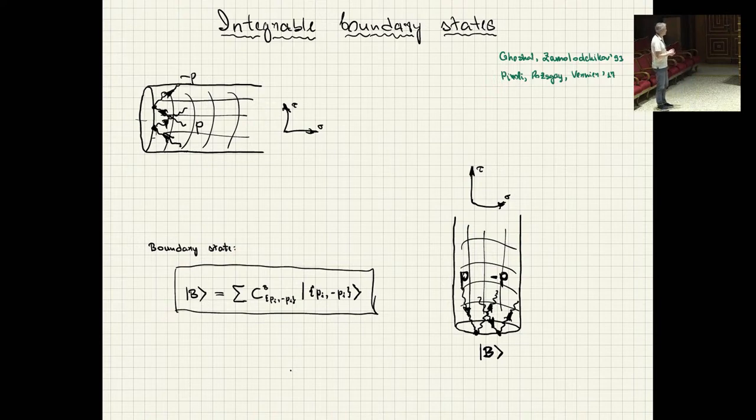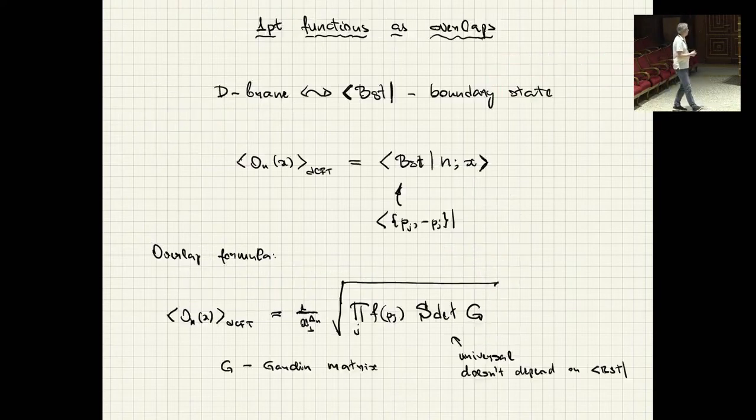And this is a very strong condition, actually. If you take a random boundary state, it will not satisfy it. It's not very easy to find such states. And interestingly, AdS/CFT produced a huge stock of these states that were not known before. So people studied them in a condensed matter context, but then the study motivated by N=4 and string theory produced new classes of boundary states that were not known.